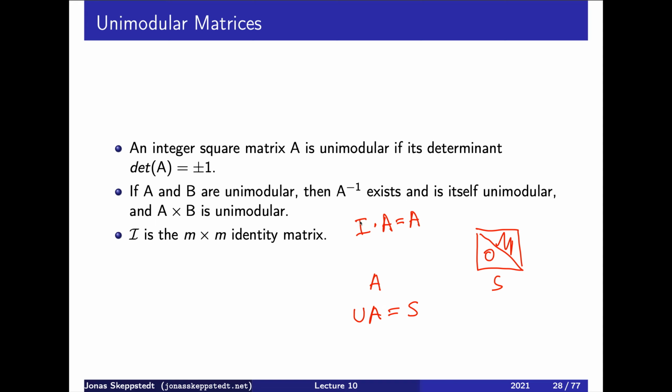We start with the unimodular matrix, the identity matrix, and the same A that we had from the dependencies, and manipulate it until the right hand side becomes an echelon matrix. We manipulate it using operations which are expressed as unimodular matrices, and that guarantees that this one is a unimodular matrix.